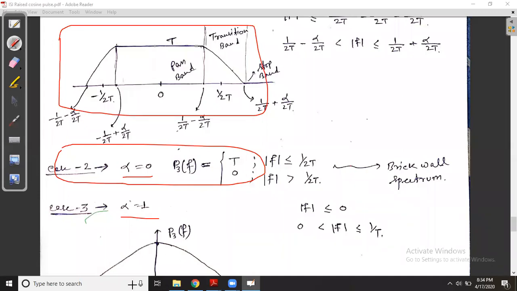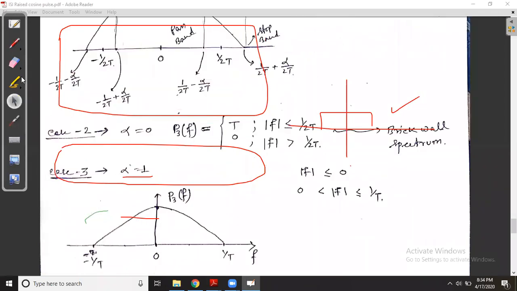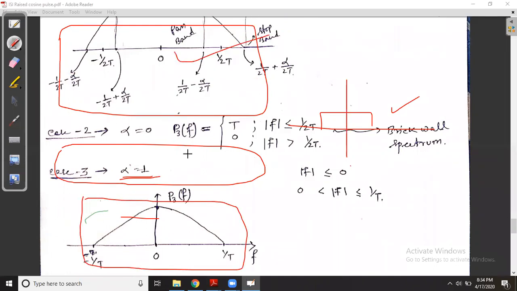When alpha is 0, you will have a brick wall pulse, some rectangular kind of pulse. And when alpha is 1, you will have something like this. So these 3 are the different shapes of the pulse depending on the different values of alpha, or roll-off factor.